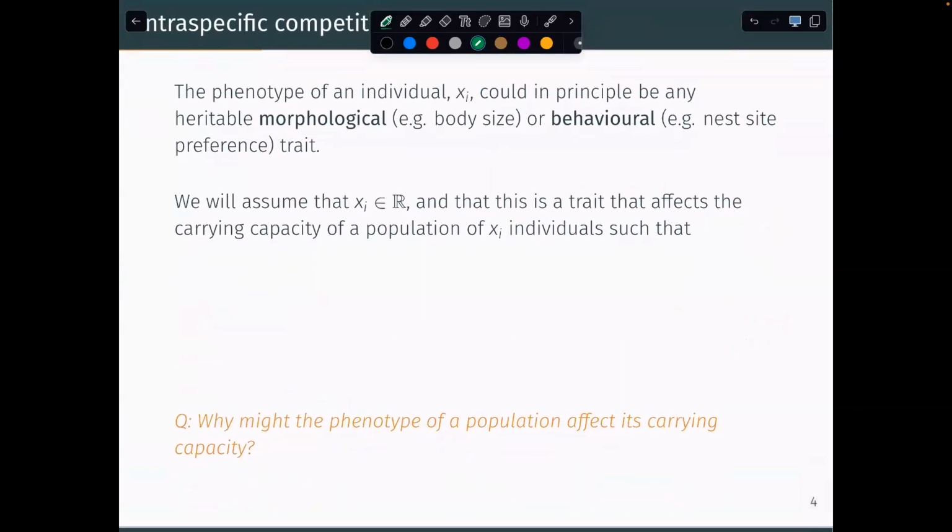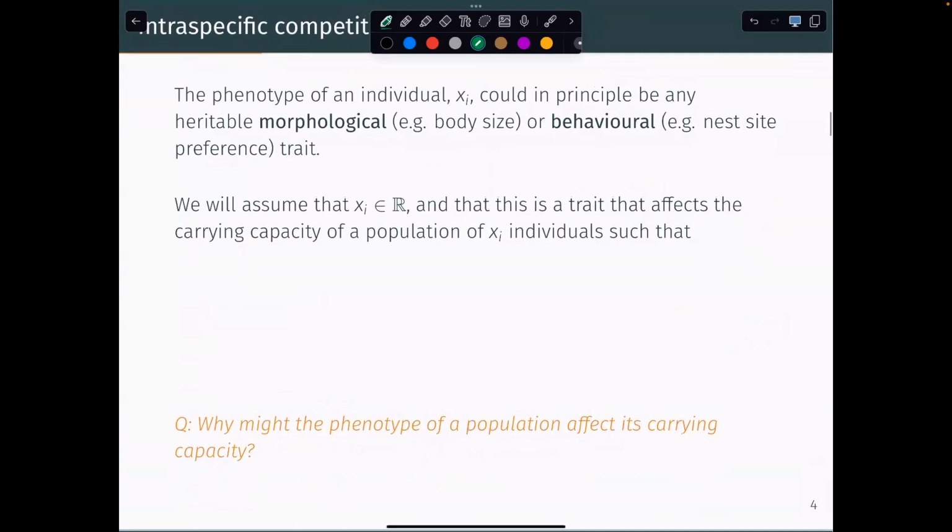Well, these phenotypes could in principle be any morphological traits, like body size, or physiological properties, or it could be a behavioral trait, their preferences. That could include who they prefer to mate with, where they prefer to nest, all of those kinds of things. These are our phenotypes, and we're going to assume that xi is just some real number. If we're doing something like body size, obviously this needs to be a positive real number.